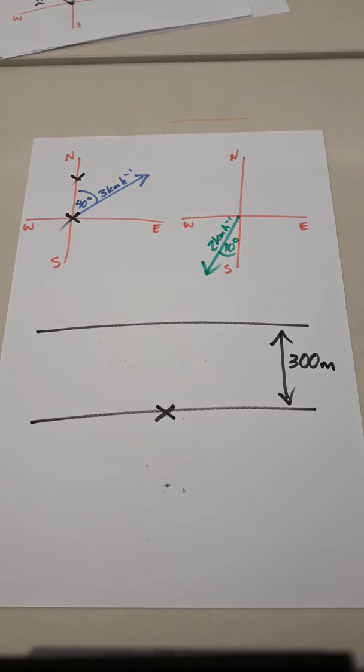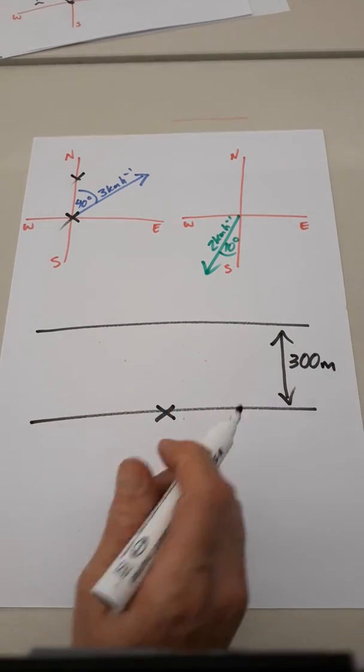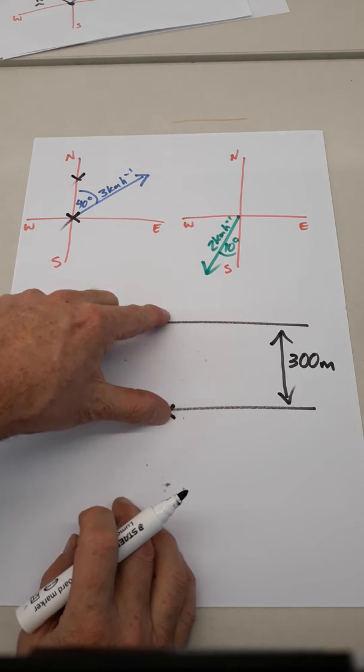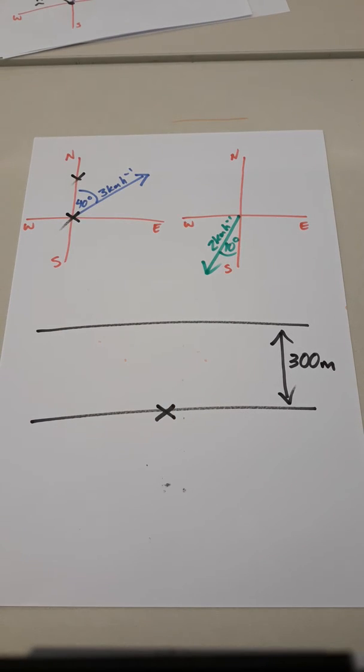He might be some distance west, he might be some distance east, but how long is it going to take him to cover 300 metres in a northerly direction?